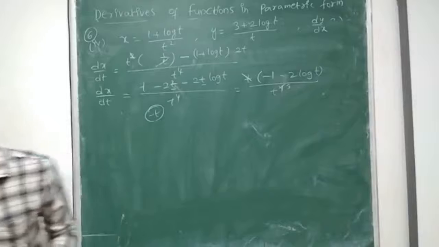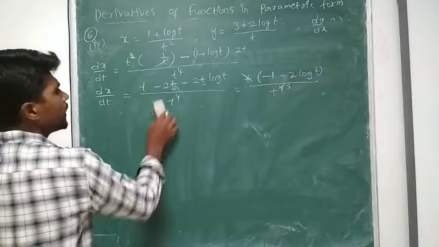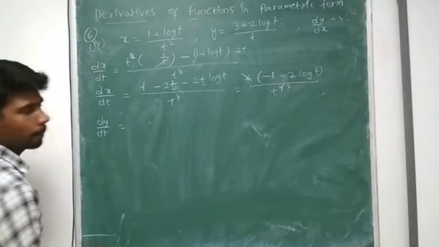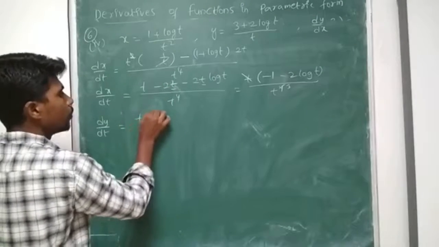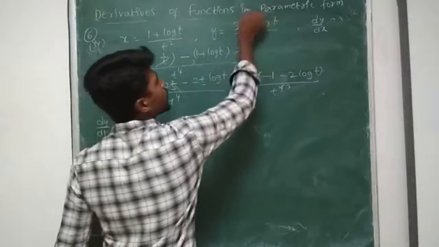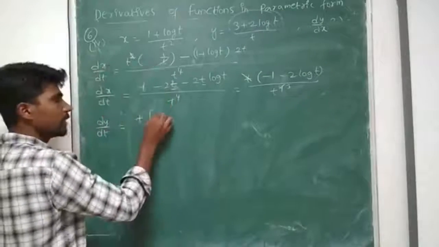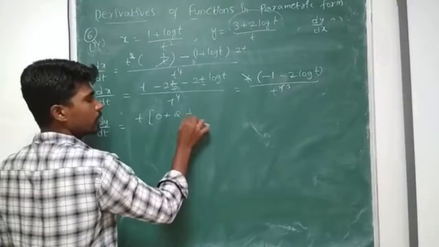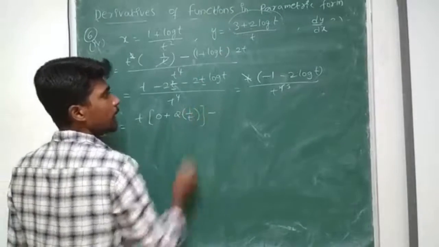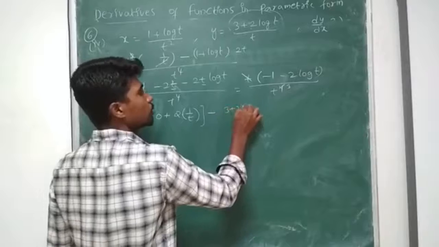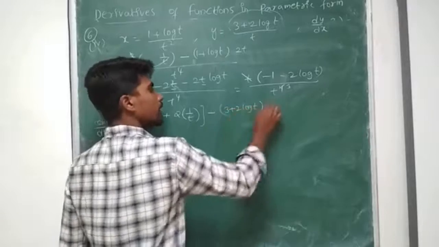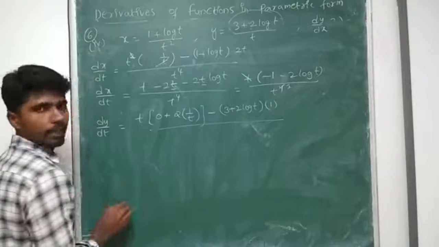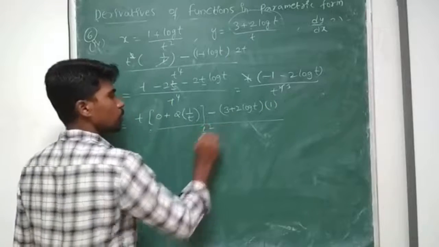After that, find out dy by dt. Dy by dt is equal to t into differentiation of 3 plus 2 log t: differentiation of 3 is 0, plus 2 into log t differentiation 1 by t, minus 3 plus 2 log t into differentiation of t, 1, whole divided by t whole square.